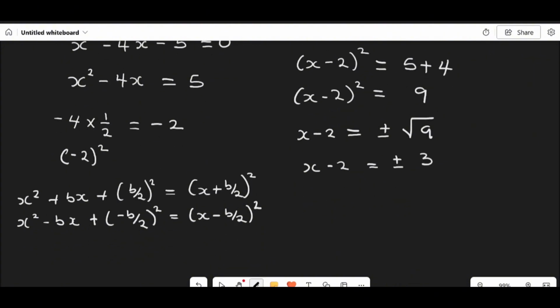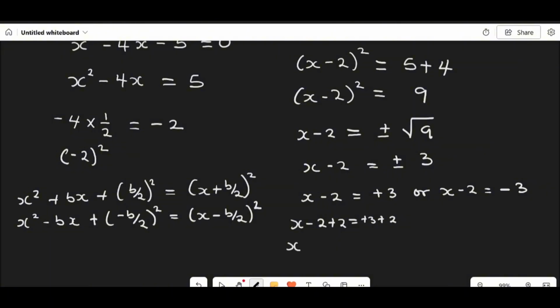So x minus 2 equal to plus 3 or x minus 2 equal to minus 3. If we add 2 to both sides, we are going to have x minus 2 plus 2 equal to plus 3 plus 2.